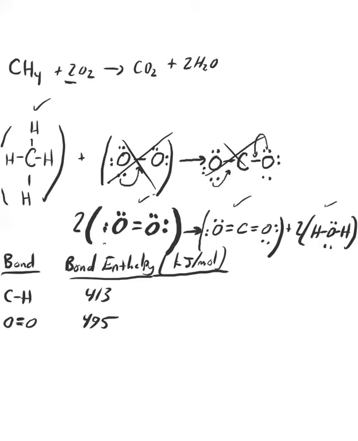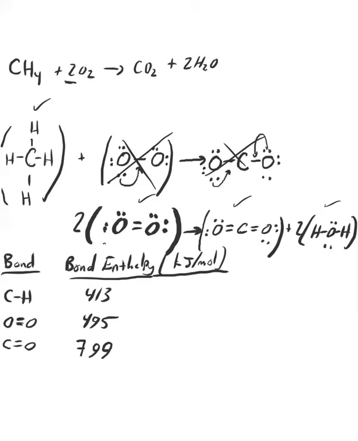Okay, what other bonds do we have? We have a carbon-oxygen double bond. Okay, let's look that one up. I think this might be the one I made a mistake on when I did my initial discussion of this, just putting the numbers down off the top of my head. It's actually 799. I think I might have put 395. And so if I put 395, that was an error.